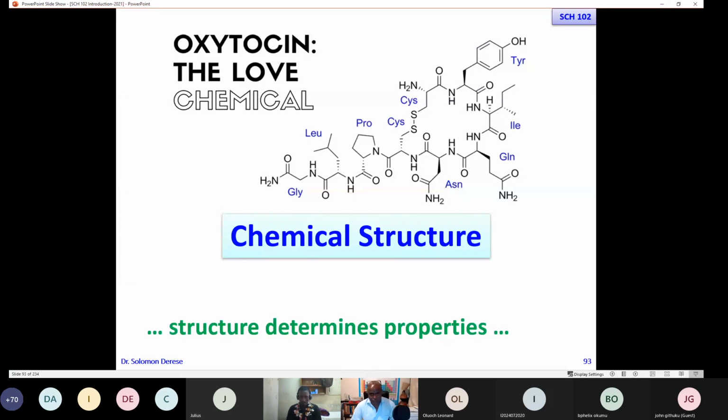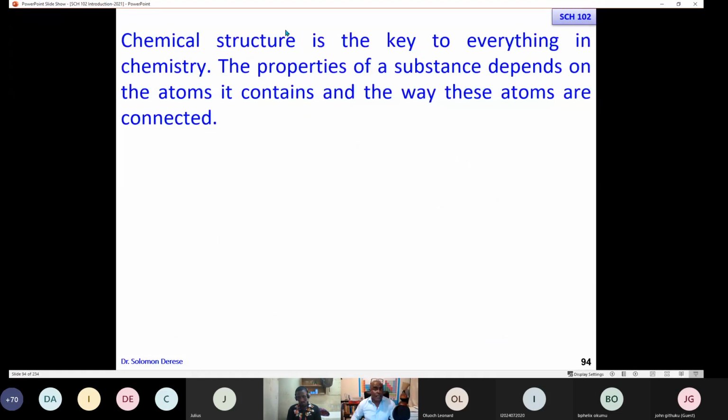So our subsequent lectures are going to be on chemical structure. Chemical structure is the key to everything in chemistry. The property of a substance depends on the atoms it contains, and not only that, but the way these atoms are connected. You remember both diamond and graphite contain carbon.